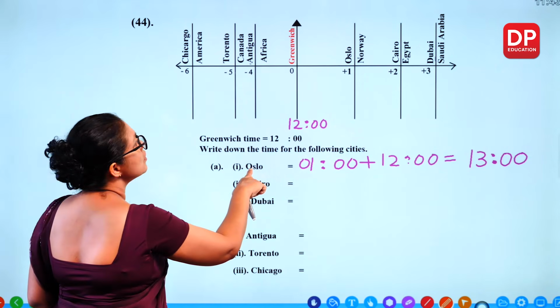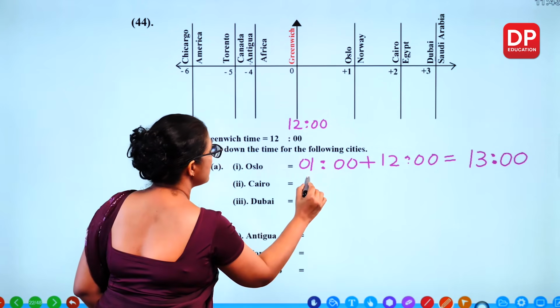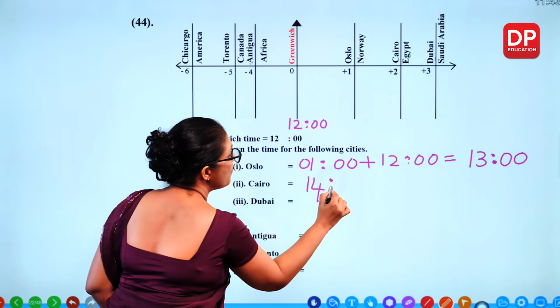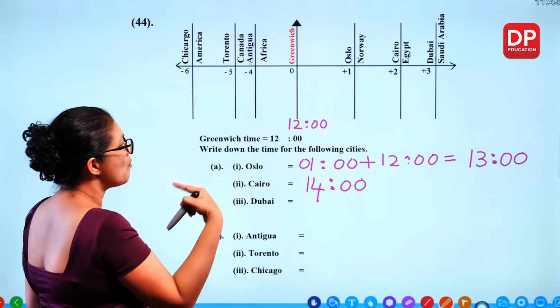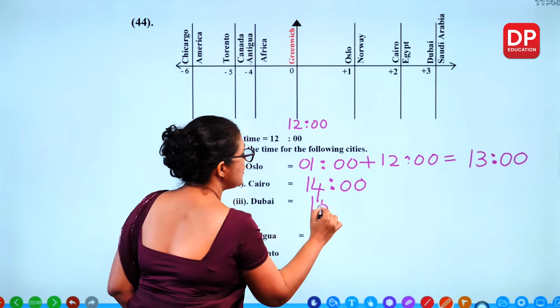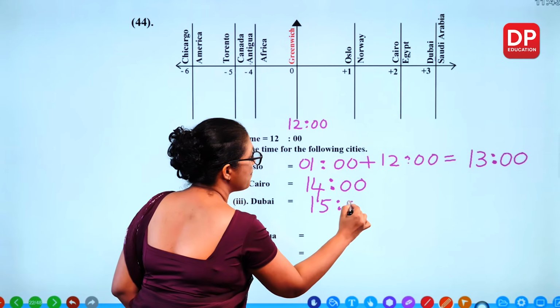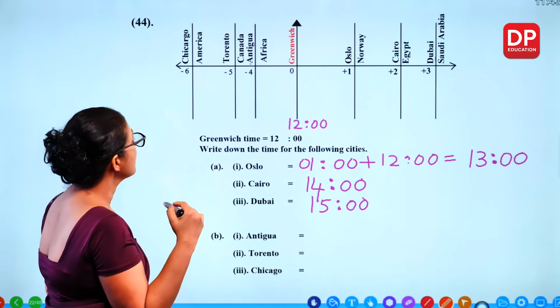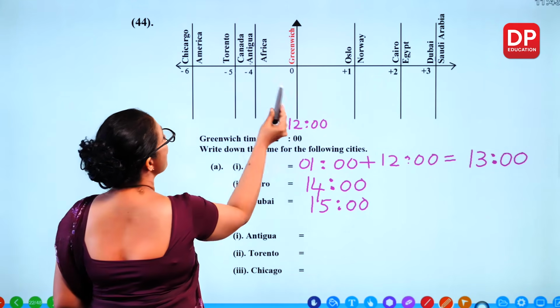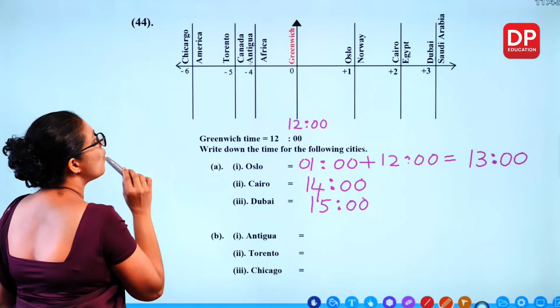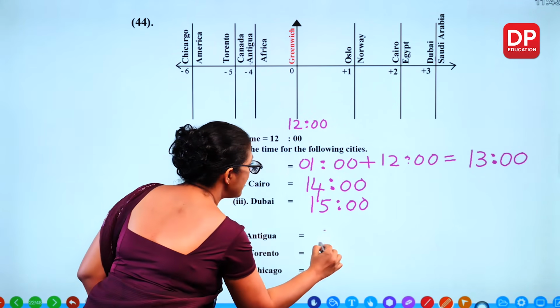So Oslo is plus 1, adding 1 to that, that's 14, 2 p.m. Dubai, adding 1 hour more, 15, that's 3 p.m. Antigua is minus 4. 12 minus 4, you get 8 in the morning.